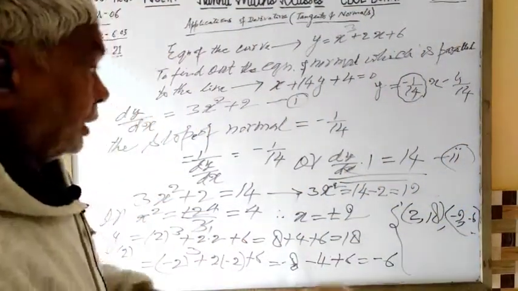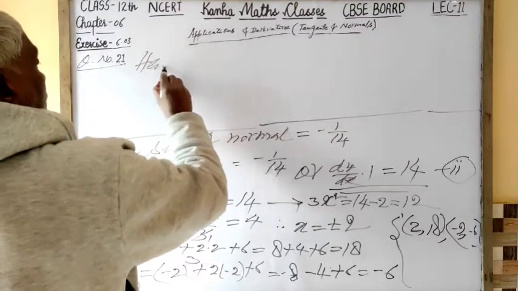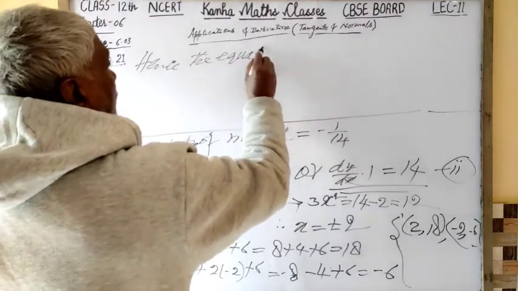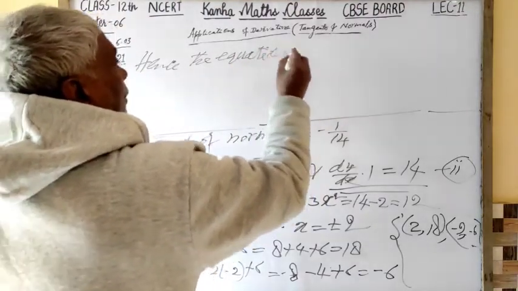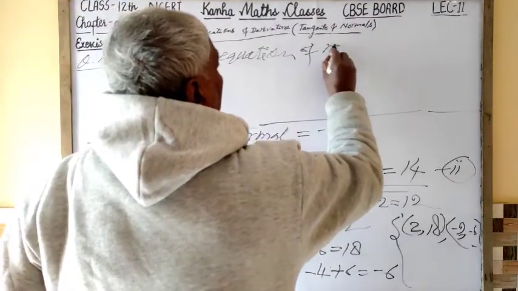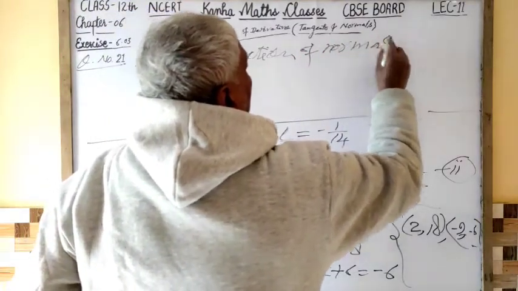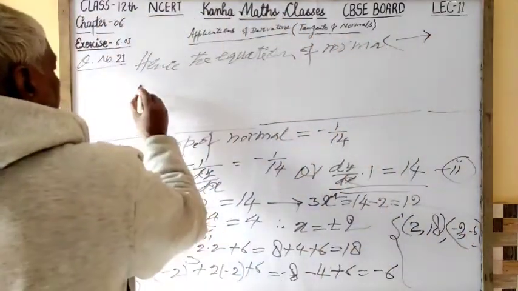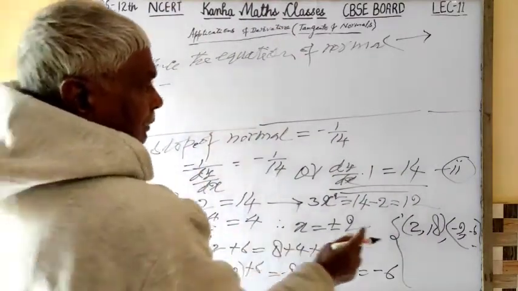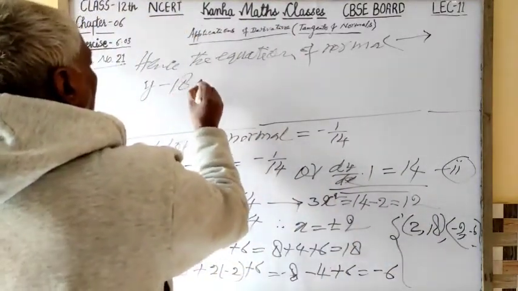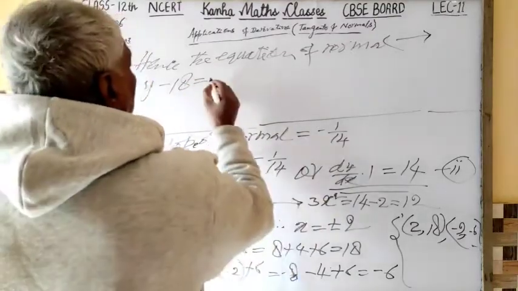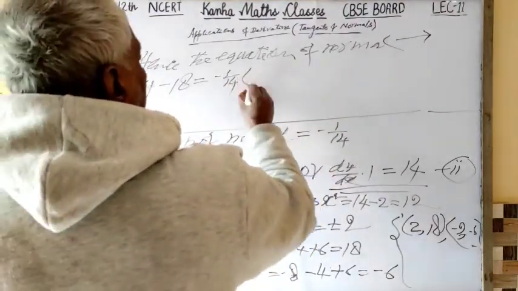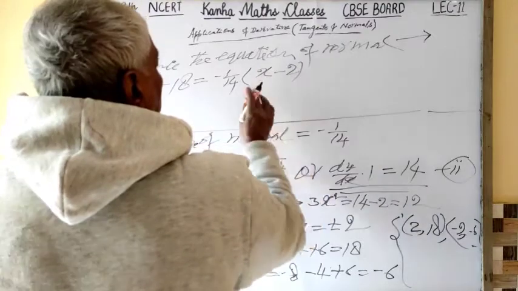Now, due to shortage of time, hence the equation of normal is y minus y1, meaning y minus 18, is equal to the slope, minus 1 upon 14, times x minus x1, meaning x minus 2.